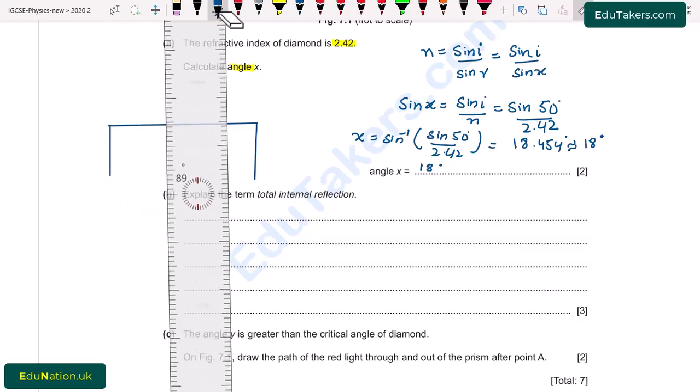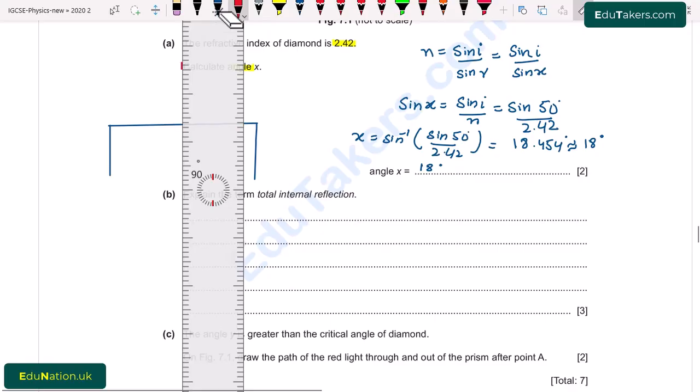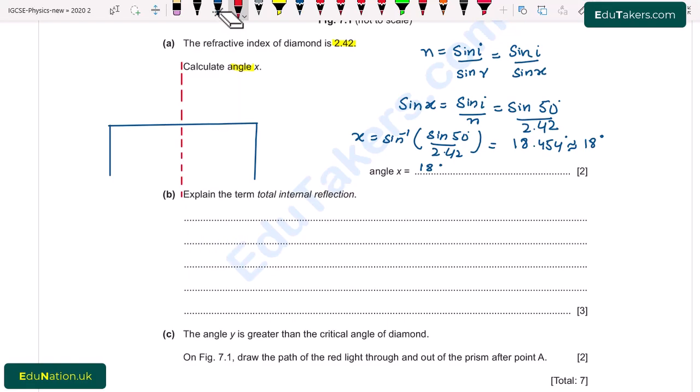So I draw a normal ray at its surface. It is the normal ray. Consider a ray of light from the denser medium. This is the denser medium.